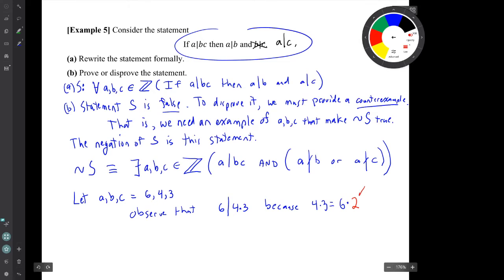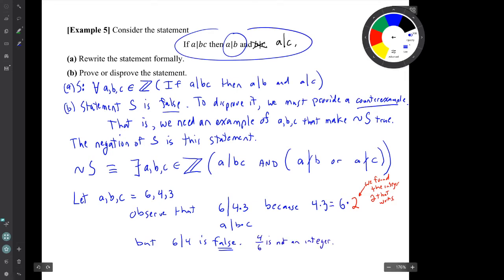So we had to come up with this 2. So we have demonstrated that A does divide BC. But the sentence A divides B is false. That is, 4 divided by 6 is not an integer.